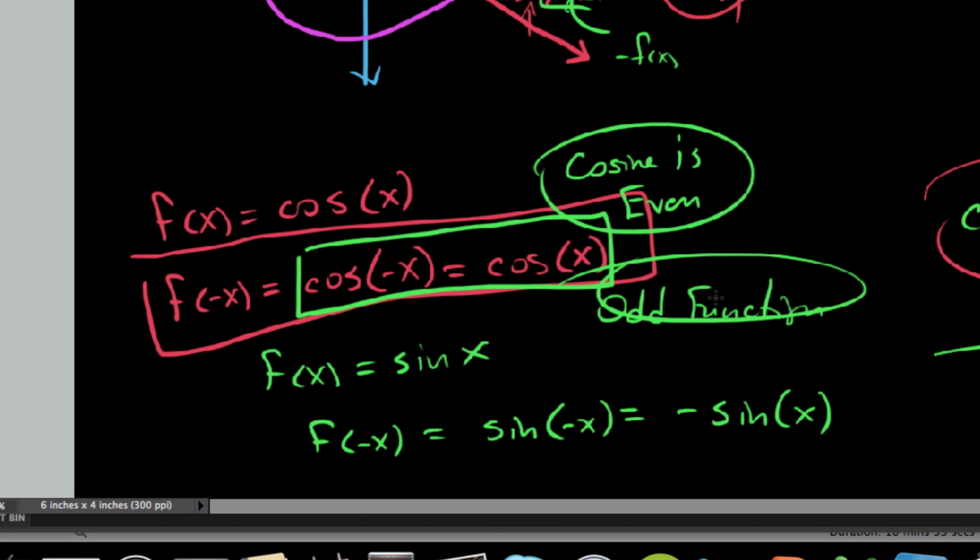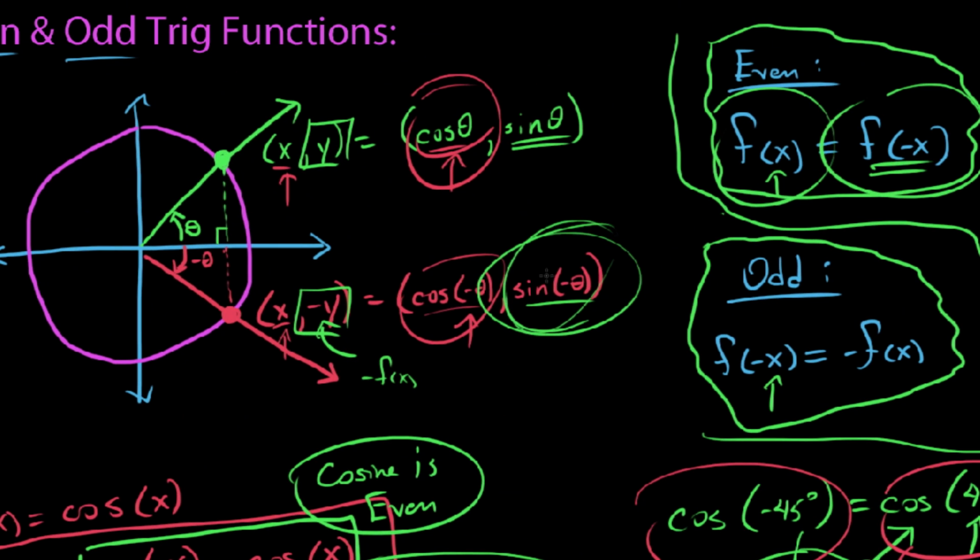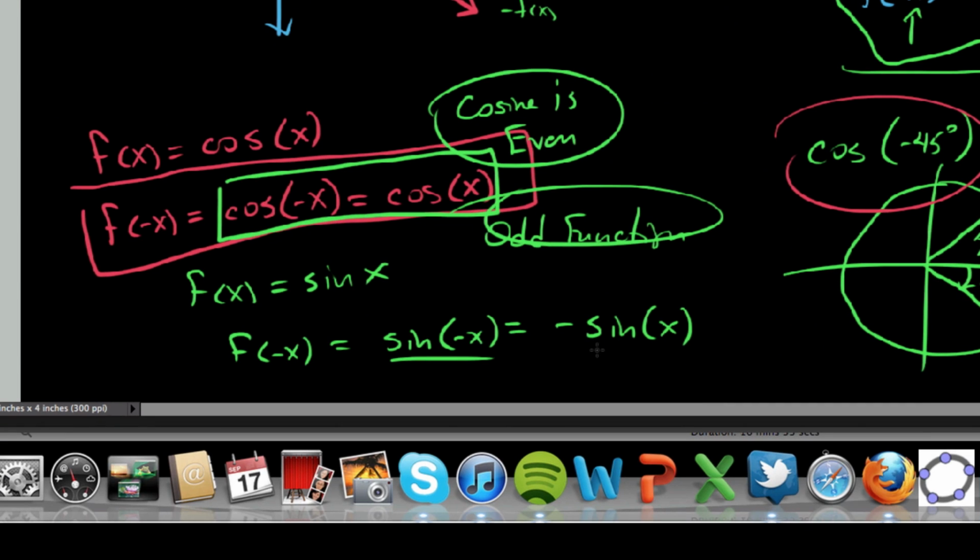So since sine of negative theta comes out to be negative y, that's like saying, when I do sine of negative theta, we could just call it negative of a plain old y, and a plain old y was equal to sine of theta in the first place. So what this means is sine of a negative angle is equal to negative sine of the positive angle. It just means this: whenever you're taking the sine of a negative angle, you can put the negative out front and do it later, and just do the sine as if it had been a positive angle.